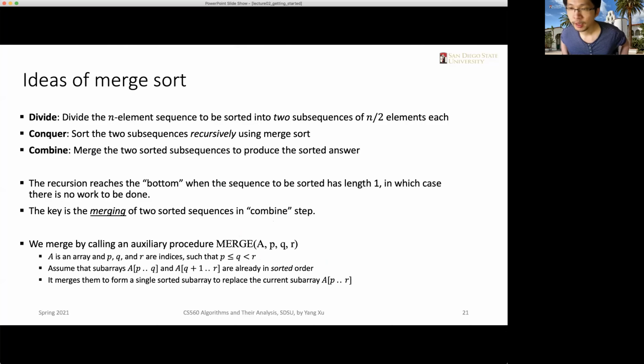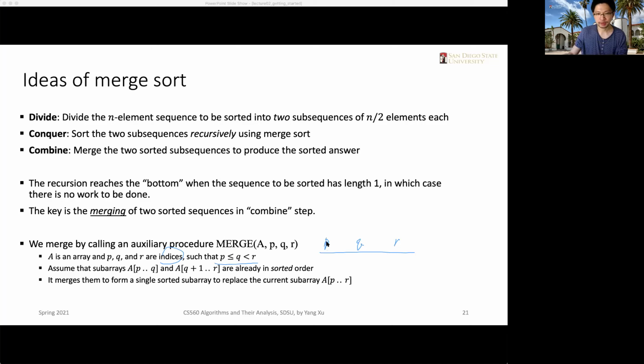The first one is the array, where we store all the elements, the input sequence. The last 3 arguments, P, Q, R, are integer numbers. They are indices, and they follow these constraints: P is the leftmost, the smallest, R is the biggest, and Q is somewhere in between. If we plot them on a line, it will be like this.